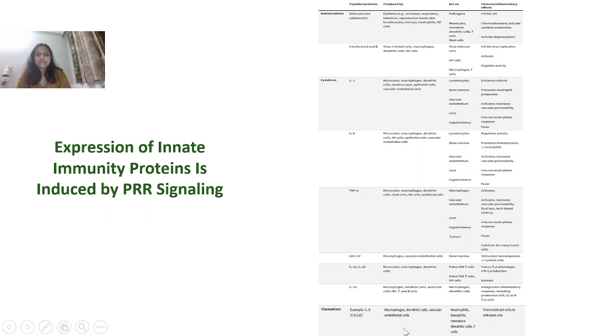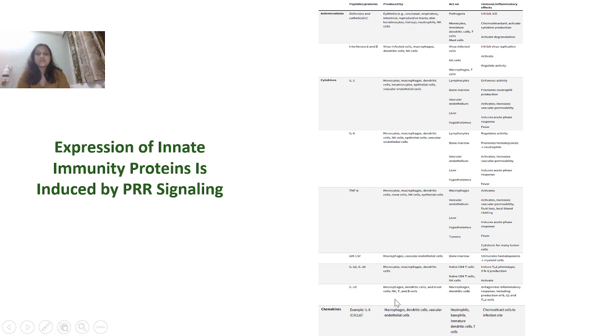Then there are chemokines. Chemokines are like cytokines. They are small molecules which act as chemoattractants to bring the different kinds of cells to the infection site.